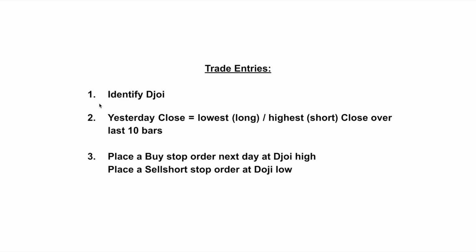So the trade entries, number 1 is identify that Doji, okay? Number 2, now we'll deal with long trades now. Yesterday's close has to be the lowest close over the last 10 bars. Or if we're looking at short trades, yesterday's close has to be the highest close over the last 10 bars.